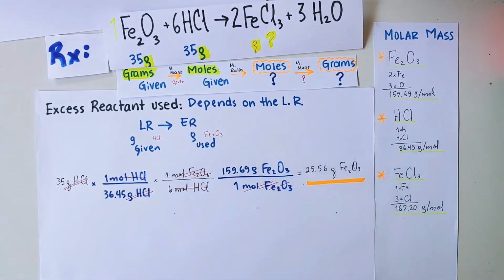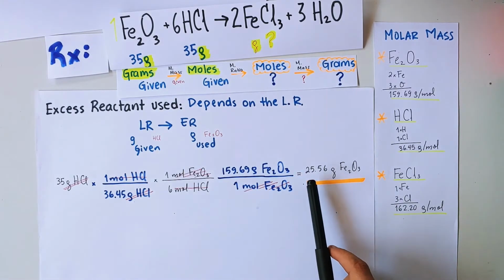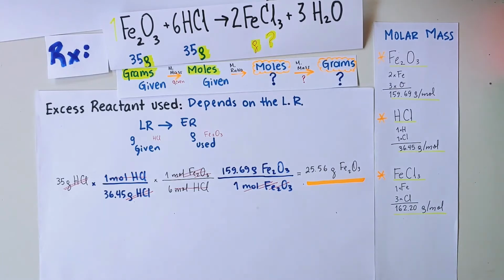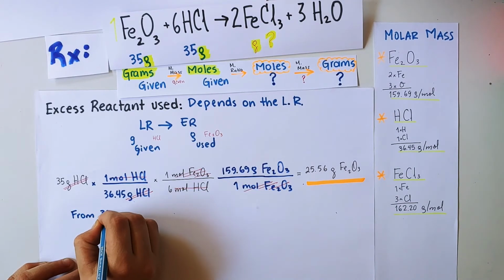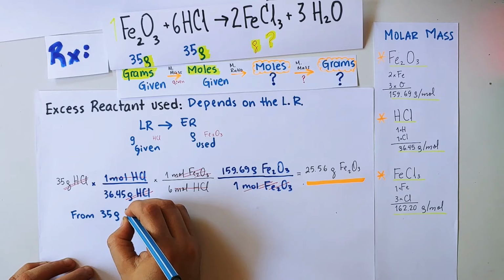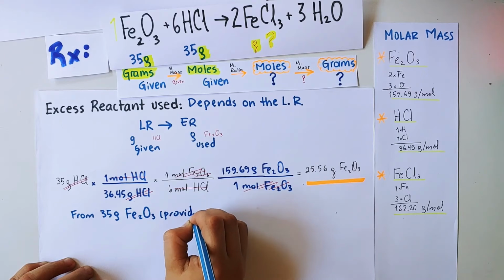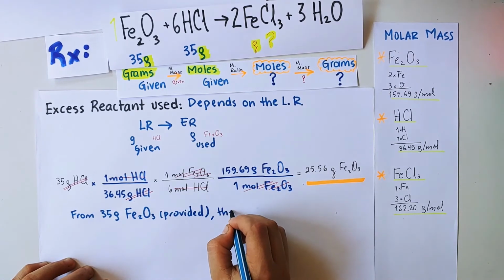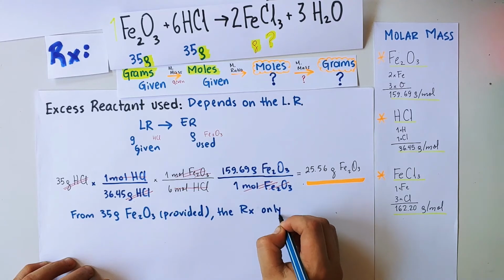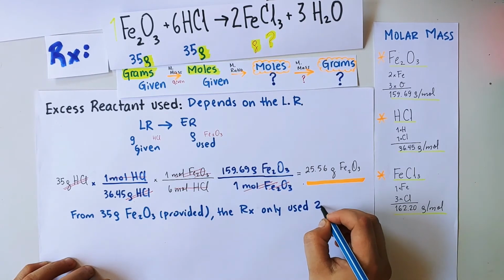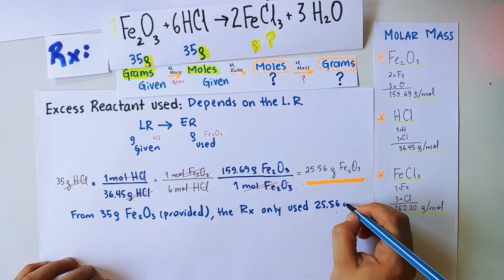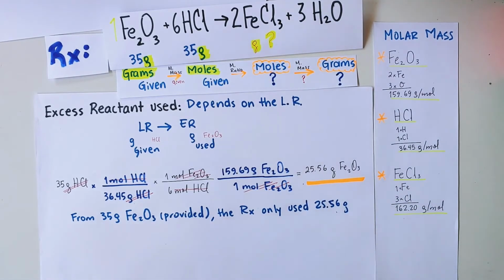This means that in the reaction, out of the 35, it only used 25 grams. From the 35 grams provided of Fe2O3, the reaction only used 25.56 grams. So that's what it means.